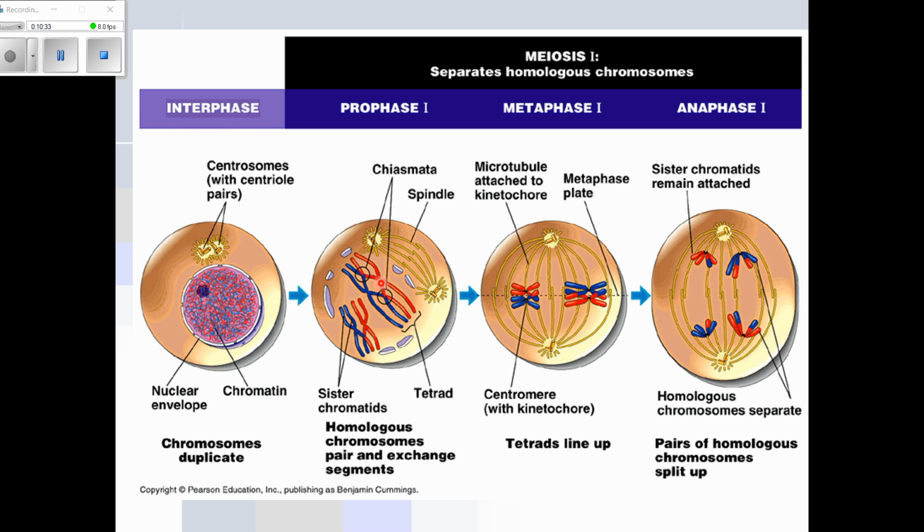So later on, when these pairs separate, you notice the red chromosome is going to have some blue on it, and the blue is going to have some red. Every single chromosome will eventually have a mixture of paternal and maternal DNA. You're literally shuffling the DNA that you inherited from your two parents. You're shuffling those genes before you deal them out to your offspring.